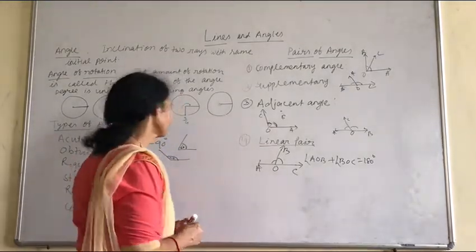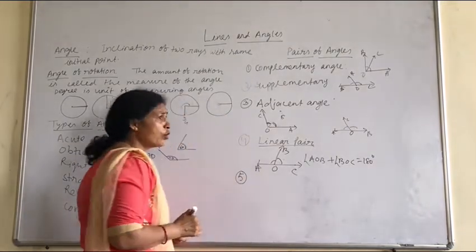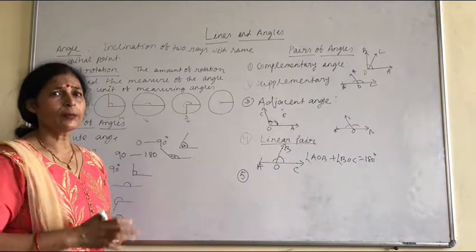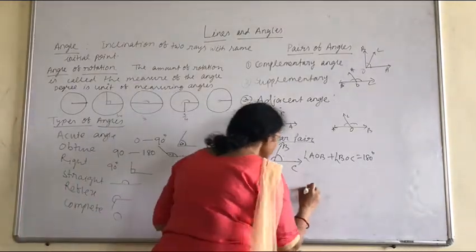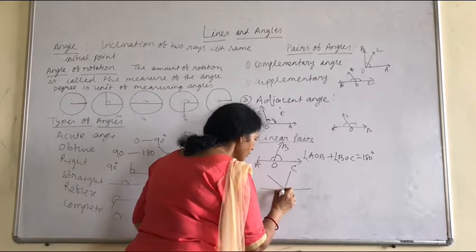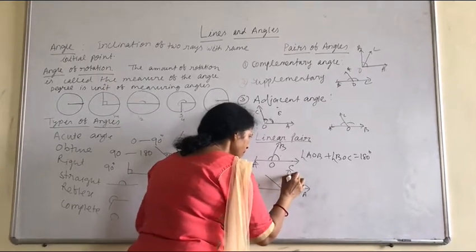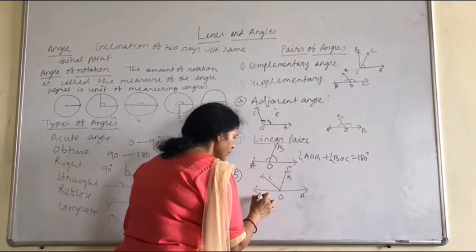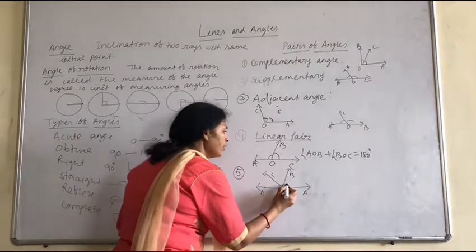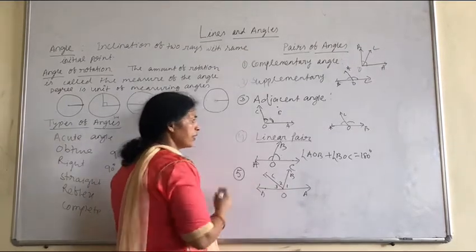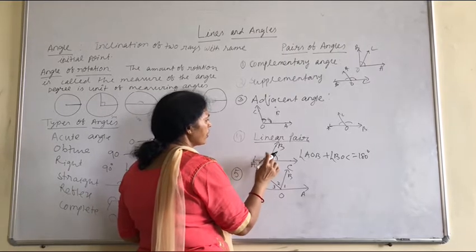Then number 5: some adjacent angles whose sum is 180 degrees. Suppose angle 1, angle 2, angle 3. They are not equal.